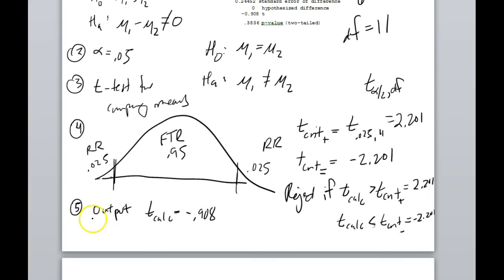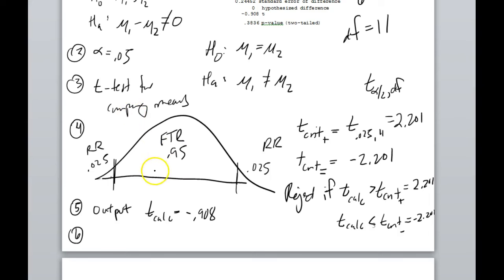Okay, so the question then is negative 0.908. Is this in a rejection region? Is this greater than our t-crit plus of 2.201? No, right? Is this less than our t-crit negative of negative 2.201?